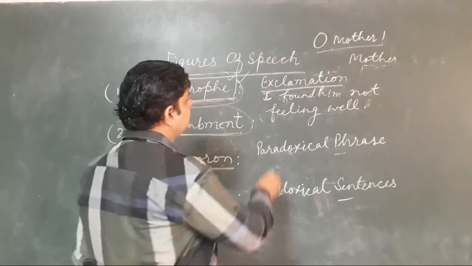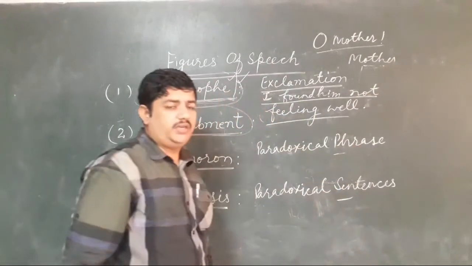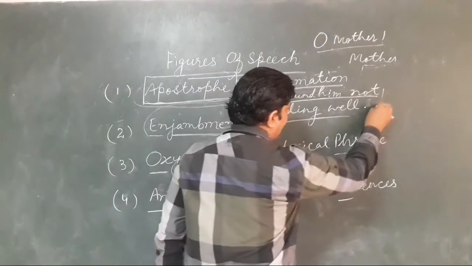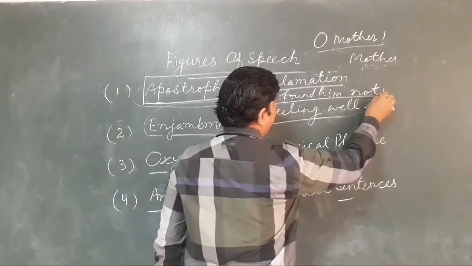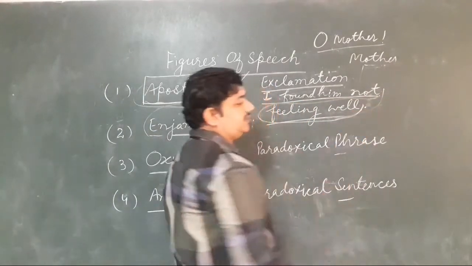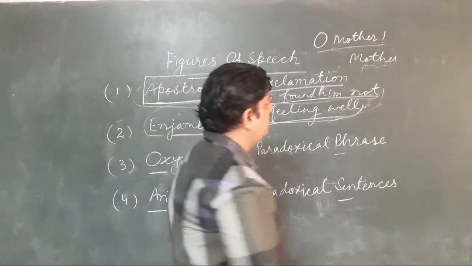Suppose there is a poetic line, and we have 2 lines. You may feel that this connectivity is there. We feel that the first line is not complete and its connectivity is there in the second line.